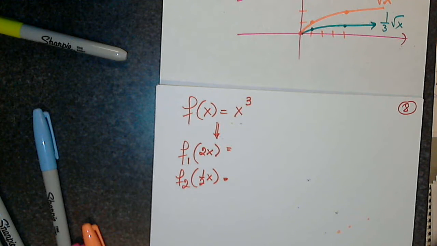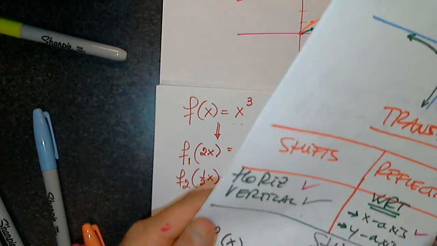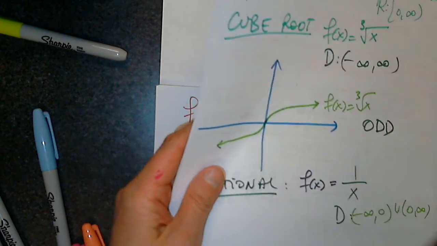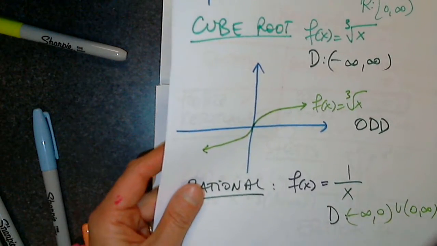Okay, so allow me to illustrate. I know I look funny, but maybe that will trigger your memory. Okay, ready? This is x cubed, right? Did I list it? Oh, I forgot. I need x cubed. I have the cube root, but I forgot to list x cubed. I'm sorry.